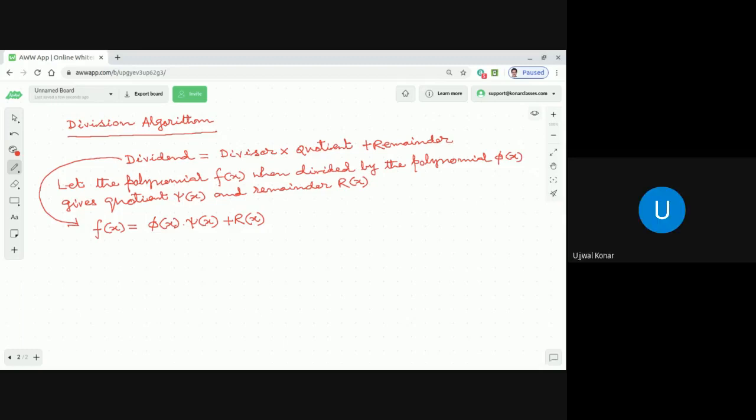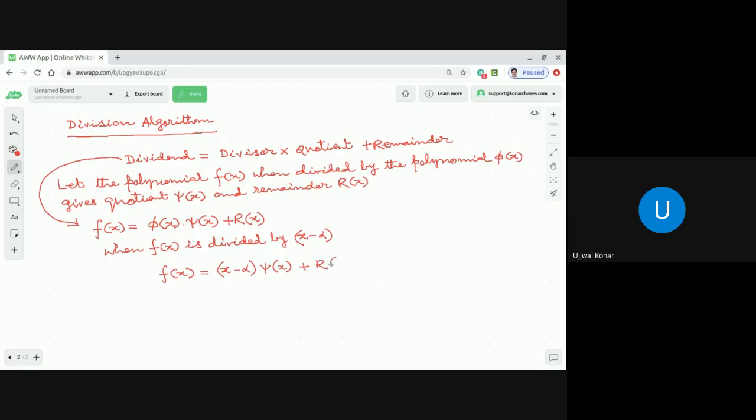Clear. So in this case, when f(x) is divided by x minus alpha, what are we going to get? f(x) equals x minus alpha into psi(x), that is the quotient, correct or not?